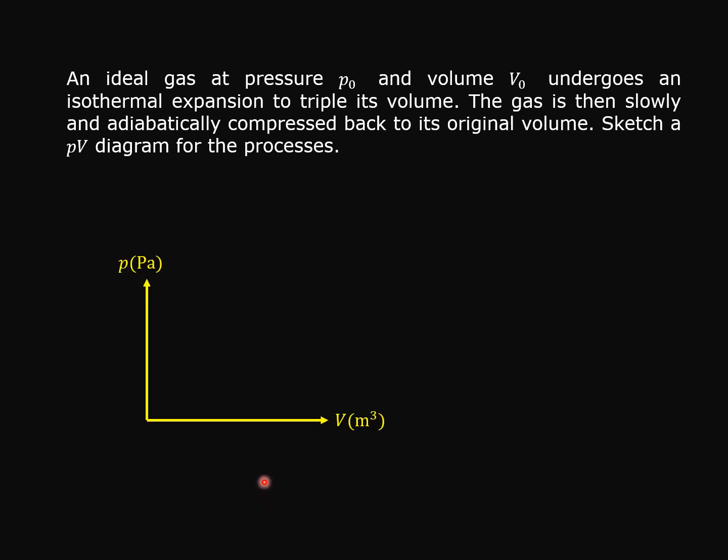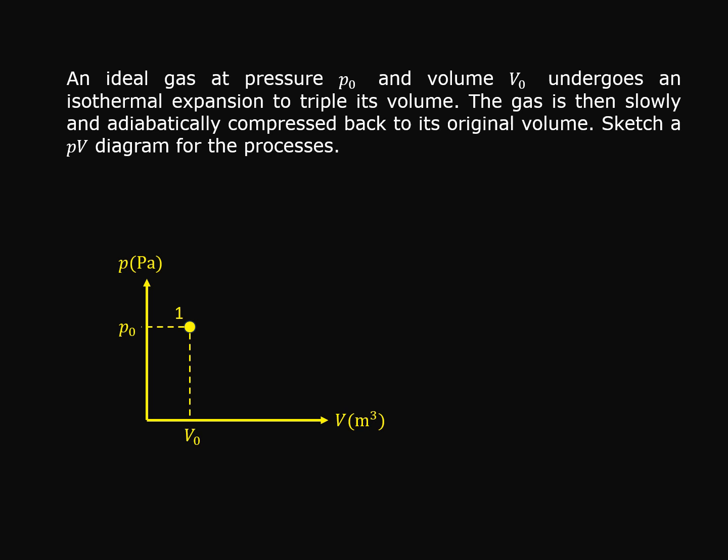To sketch the PV diagram, we construct the coordinate system with the horizontal axis as the volume V, in units of cubic meters, and the vertical axis as the pressure P, in units of Pascals.